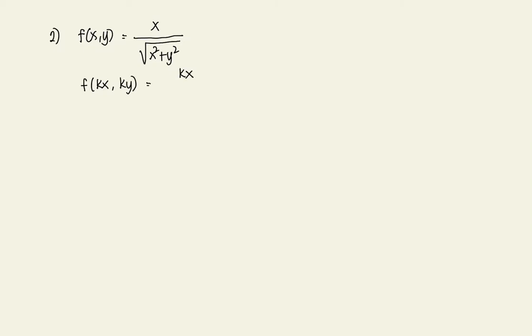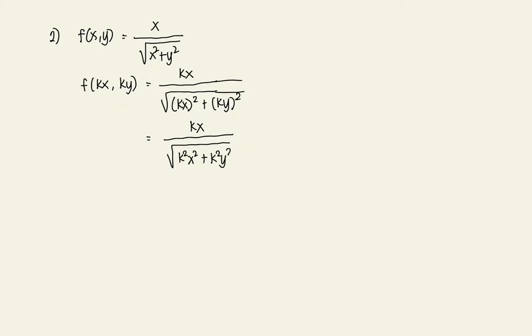So that would be now kx over the square root of kx quantity squared plus ky quantity squared. So by algebraic manipulation, this is now kx over the square root of k squared x squared plus k squared y squared.